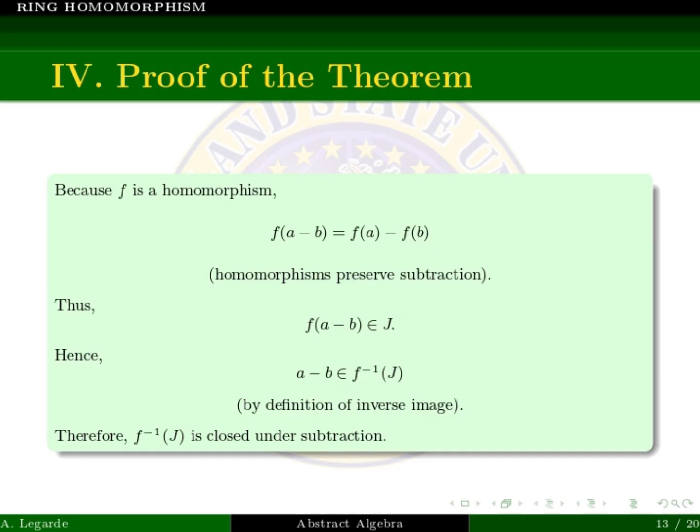Therefore, F of (A minus B) equals F(A) minus F(B). Since F(A) minus F(B) belongs to J, it follows that F of (A minus B) belongs to J. Hence, by definition of inverse image, A minus B belongs to F inverse of J. Therefore, the inverse image is closed under subtraction.